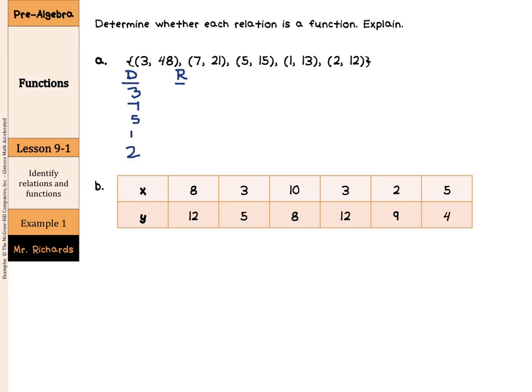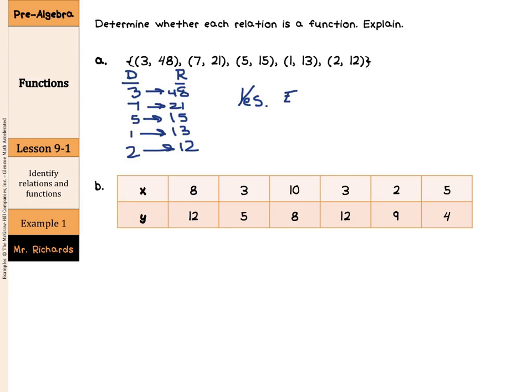And those are matched up in our range. The 3 matches with the 48. The 7 matches with the 21. The 5 matches with the 15. The 1 matches with the 13. And the 2 matches with the 12. And so for this, yes, this is a function.